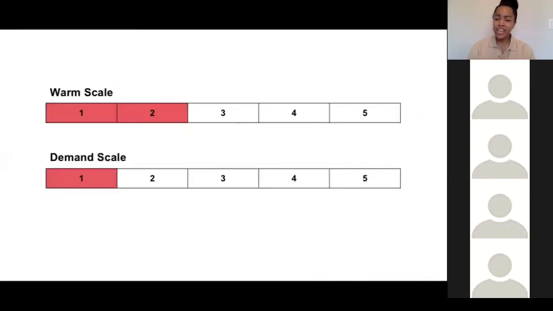So if you found that you scored maybe a 1 or 2 somewhere in the lower for warm and for demand, so let's just say 3 or less for warm and for demand, then you would be categorized as the sophisticate, or in Zaretta Hammond's work, this would be categorized as the elitist.